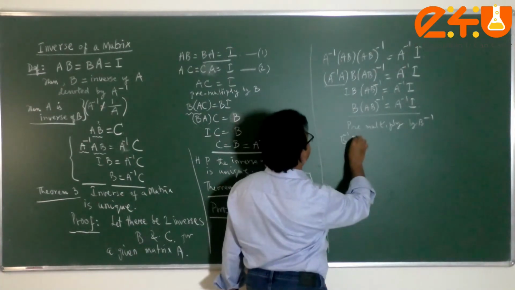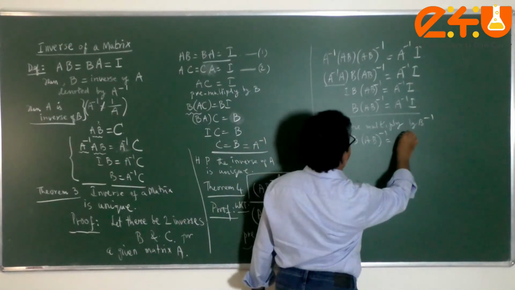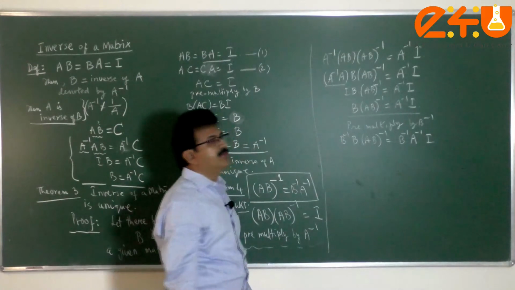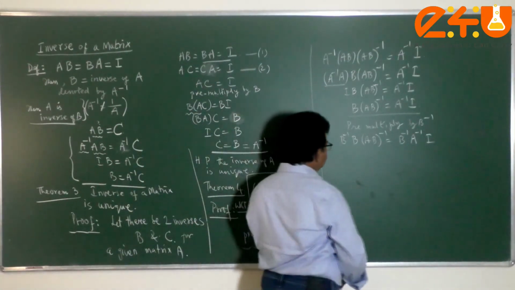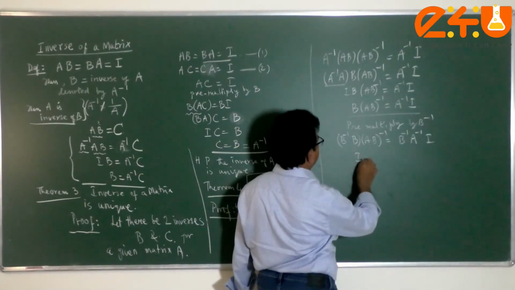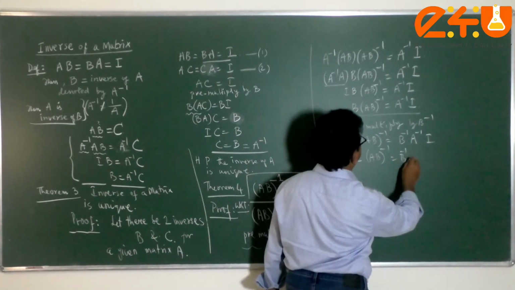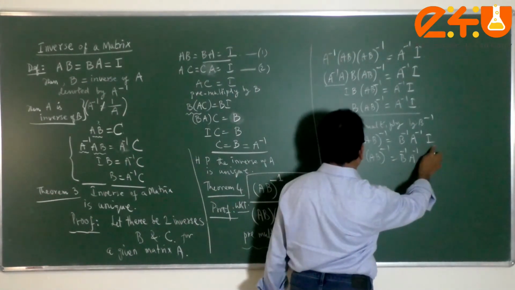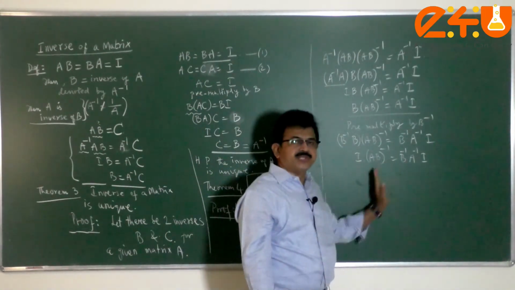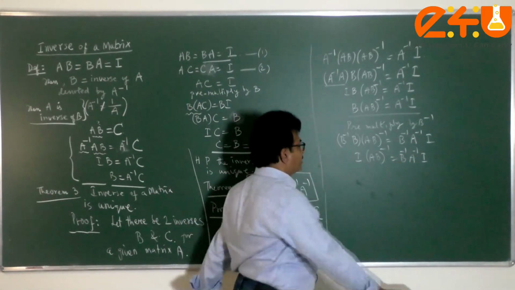So B inverse B (AB) whole inverse is B inverse A inverse I, and LHS B inverse times B is I matrix, RHS B inverse A inverse times I. I times any matrix gives the same matrix.